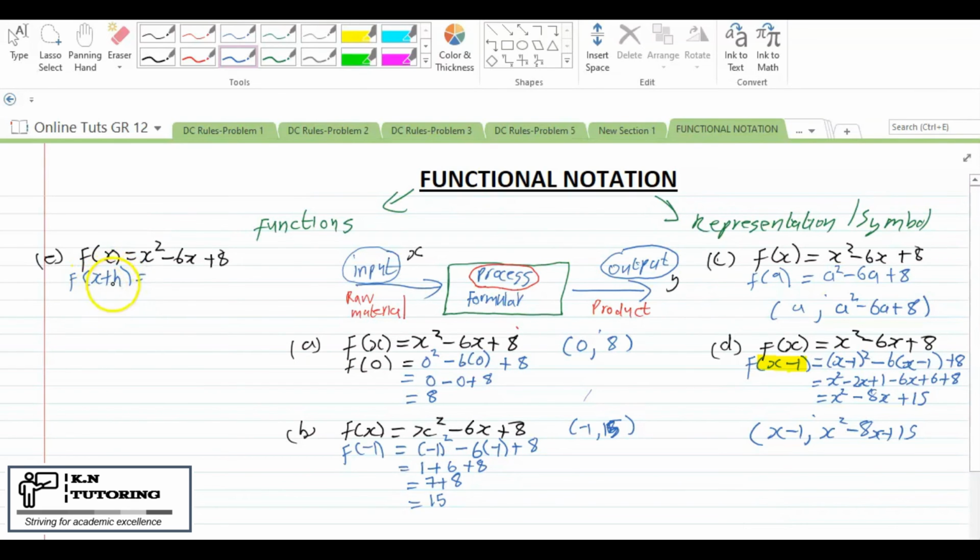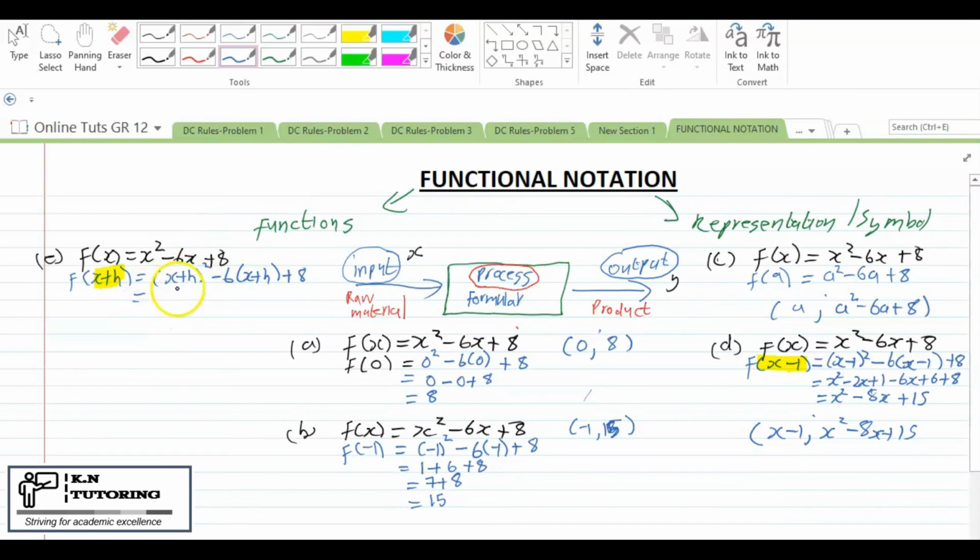So you must be confident and be able to solve this while we are still at this early stage. So as I said, this is a package. It means that where I see x, I put x plus h squared. Minus 6, where I see x, I put x plus h. And this will be plus 8.